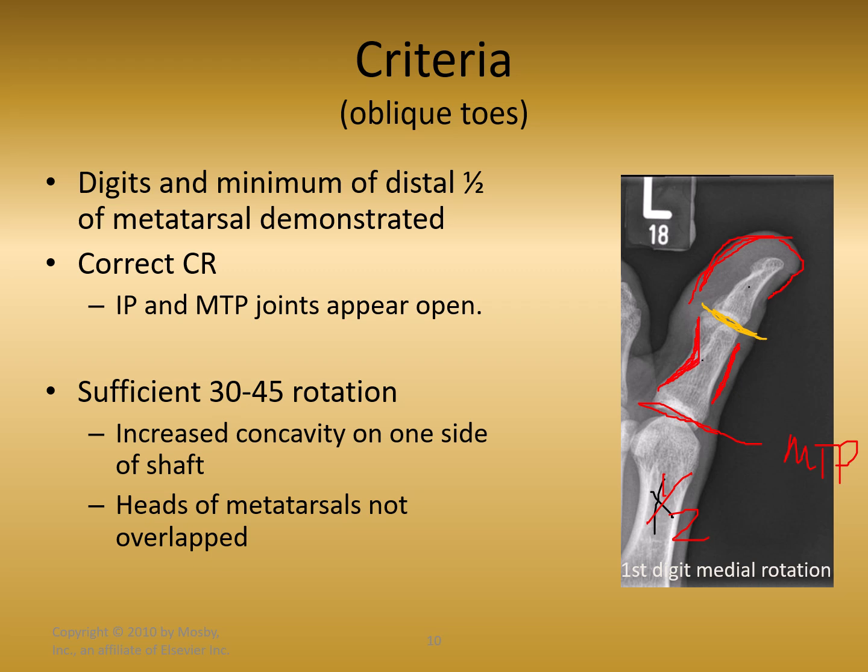We see the sesamoids kind of peeking out down here, a little bit of the sesamoids happening. You'll be able to see the sesamoids a little bit turned out because the toe has been rotated.